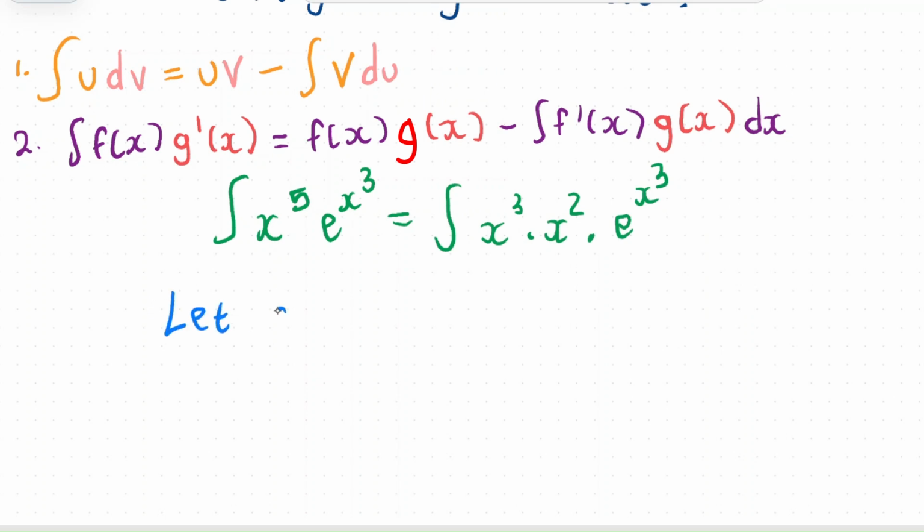So I'm going to say let the derivative of g of x, using the second method, be x squared times e to the power of x cubed. And the reason why I'm doing that is because whenever you want to choose the derivative of g, try to find something that would be the simplest. And so it does look like x cubed would be simpler, but let's just go with this way and I'll show you why.